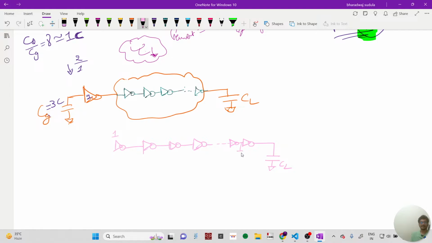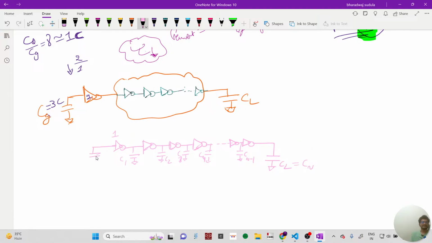So this cap is Cn minus 1. So this has to be C1, this C2, this one is C3, this one is C4, Cn minus 1, and this is actually Cn. Cn is CL, the load cap.